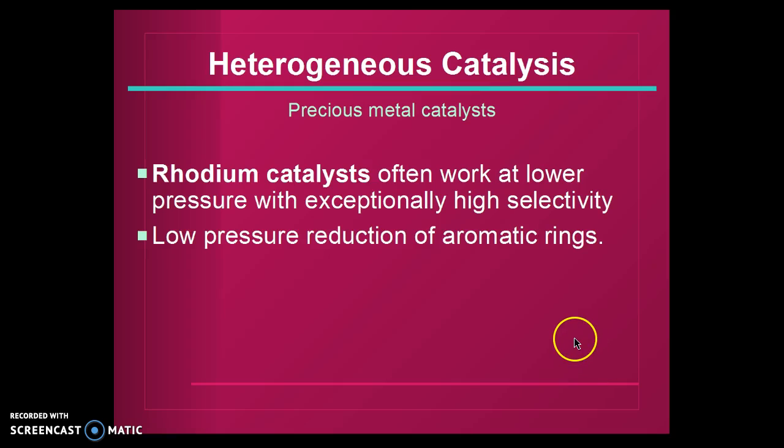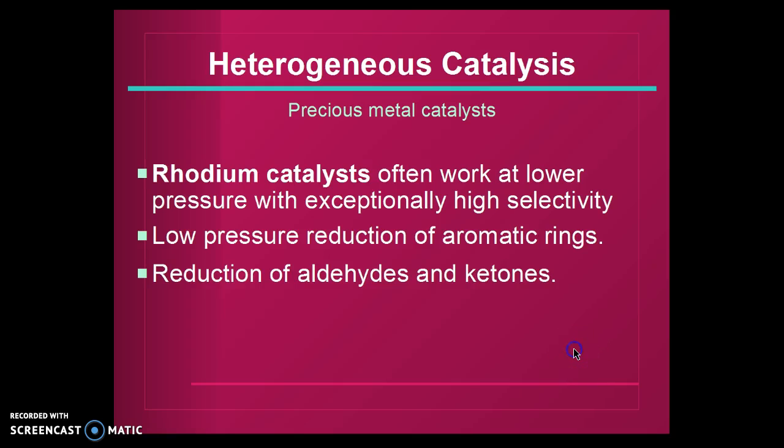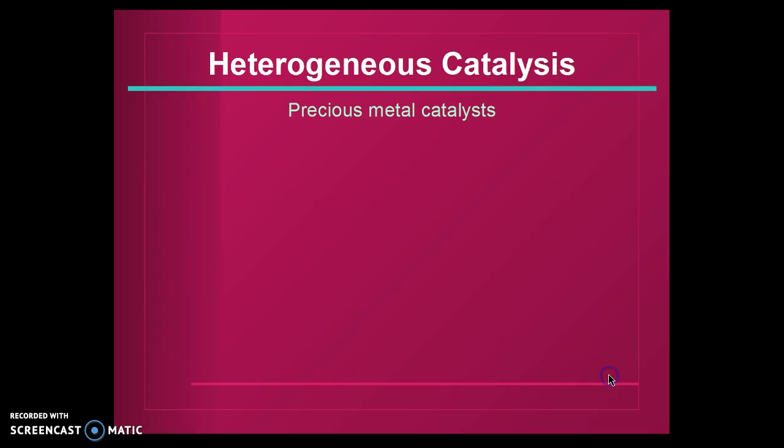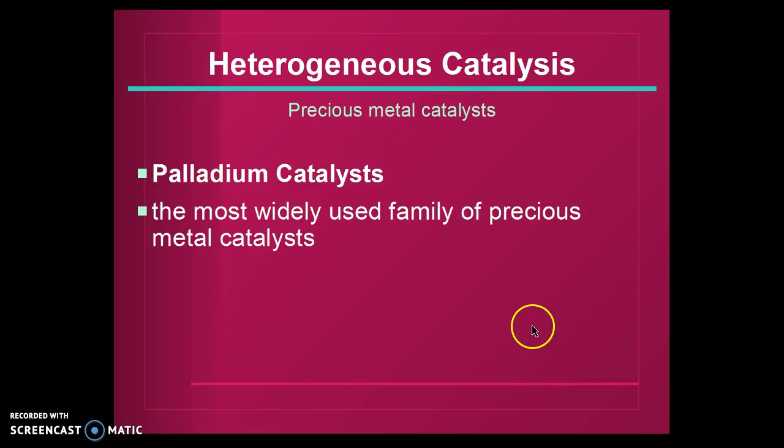It gives us a low pressure reduction of aromatic rings like benzene and naphthalene. It also helps with the reduction of aldehydes and ketones, and aromatics, ketones, acids, and vinylic olefins. The most widely used family of precious metal catalysts are in the palladium-platinum family.